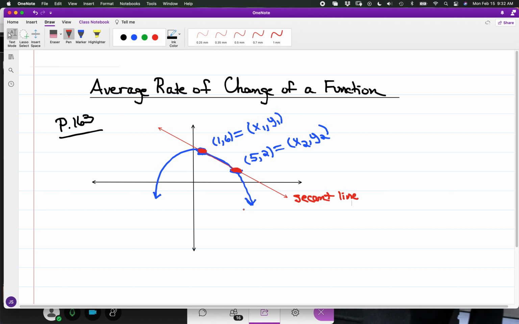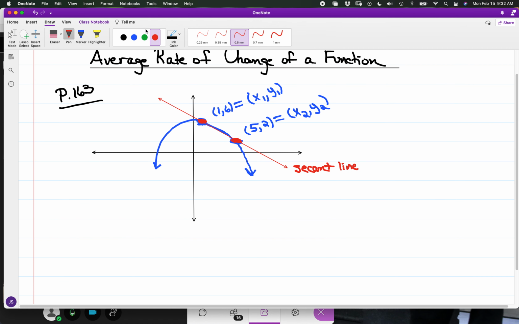Now, the secant line is going to have its slope, and I'm going to get to this particular graph.